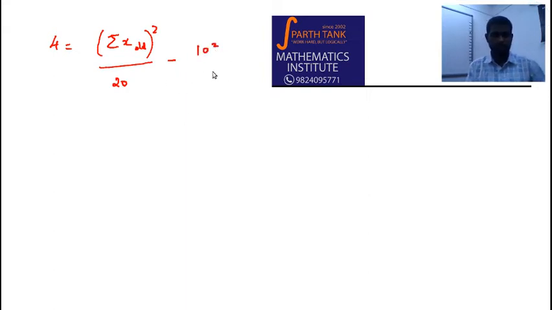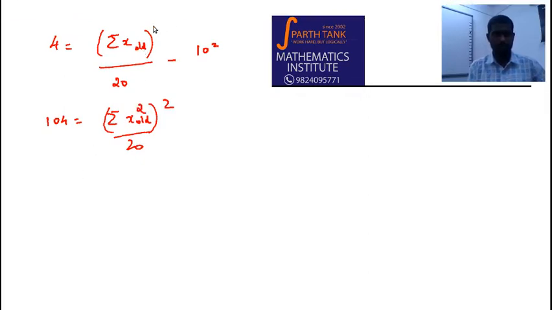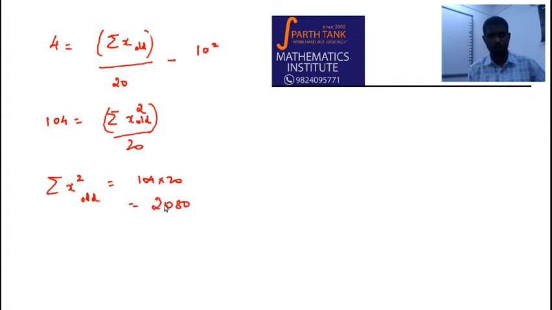So in the old case, this is how they would have calculated the variance. So from this, what do I get? 104 is equal to summation of x squared by 20. So summation of x squared is going to be 104 into 20, or 2080.